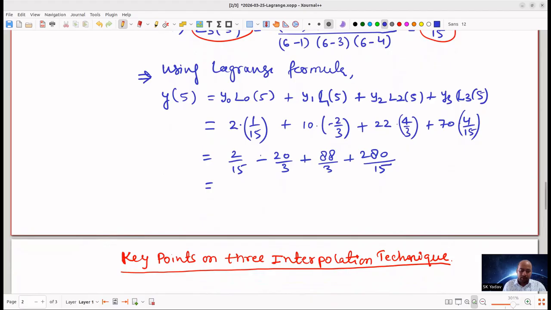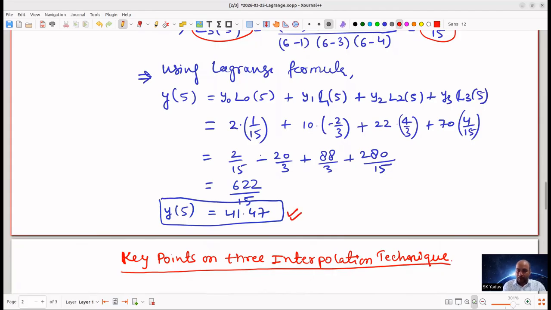You will get 620 divided by 15, which is 41.47. So y at 5 is 41.47.